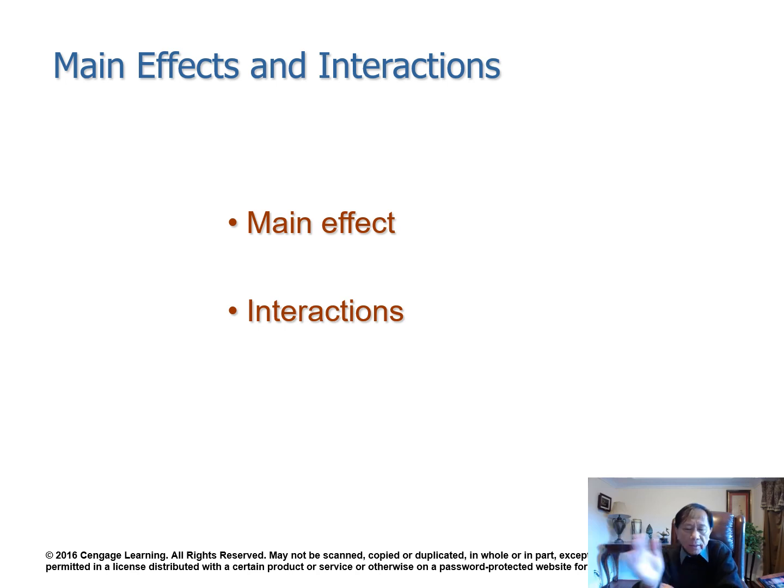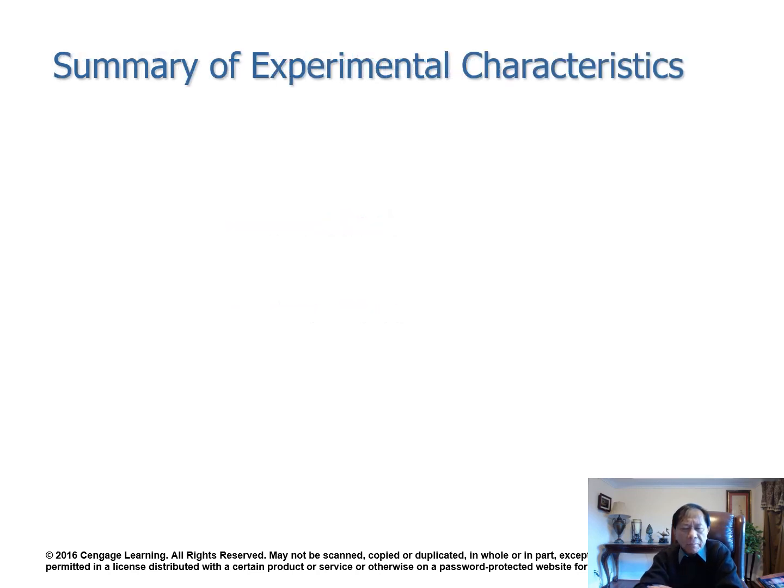But if you look at lighting and color at the same time, maybe you find that a certain color of room with a certain setting of light has an impact on purchase intentions. That's an interaction effect.